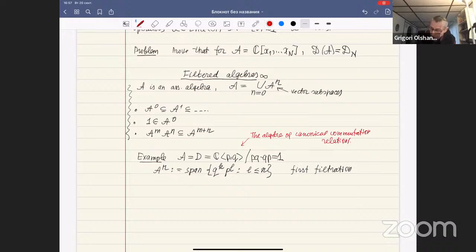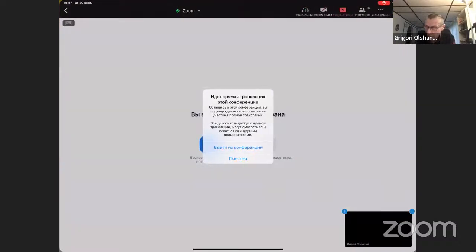And another filtration is as follows: the sum of the total degree of a monomial does not exceed n. This is the second filtration. And it's easy to see that the axioms are satisfied. The main point is to verify this axiom, but this is very easy.